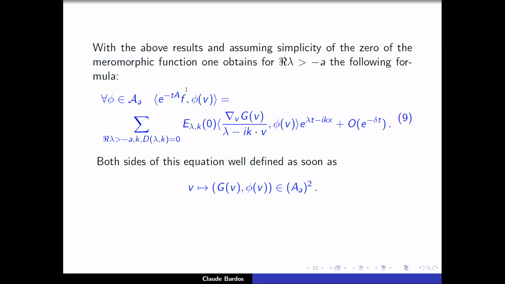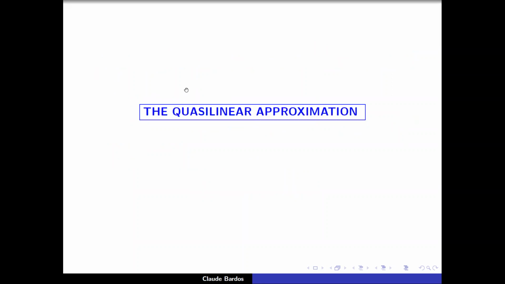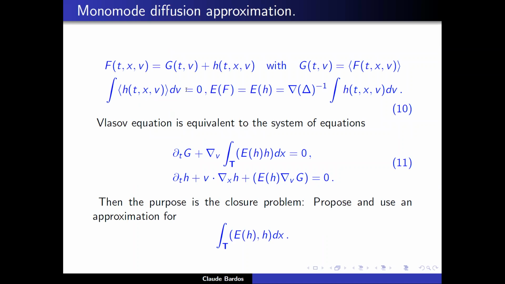So then I end up with this nice formula, which is valid for, say, Hermite polynomials, any analytic function that will do that. And then what will be the quasi-linear approximation?